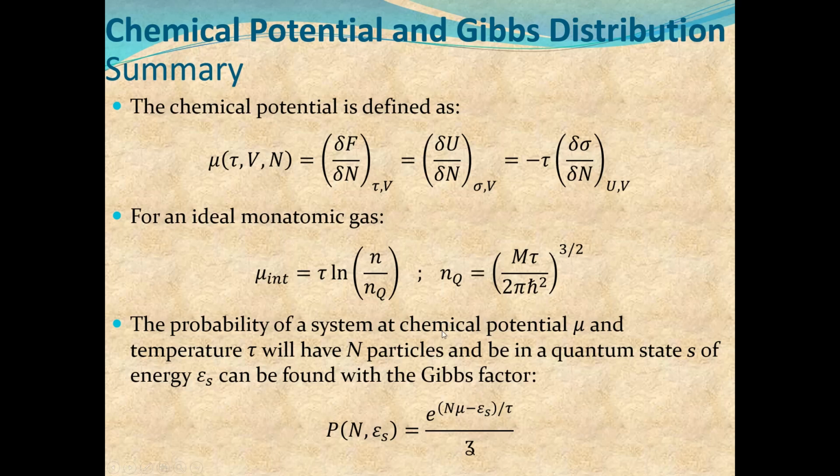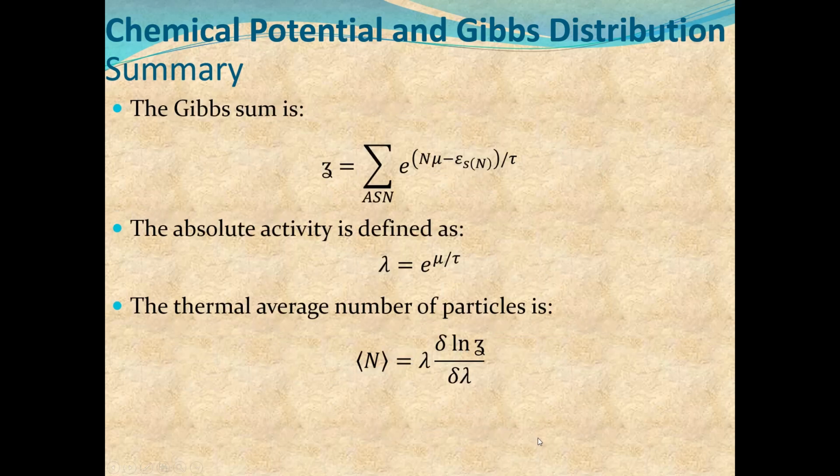And then we also talked about how incorporating this chemical potential concept into our partition function will end up giving us what we call the Gibbs factor and the grand partition sum. And we also talked about how we can clean up this equation to actually replace this with lambda.